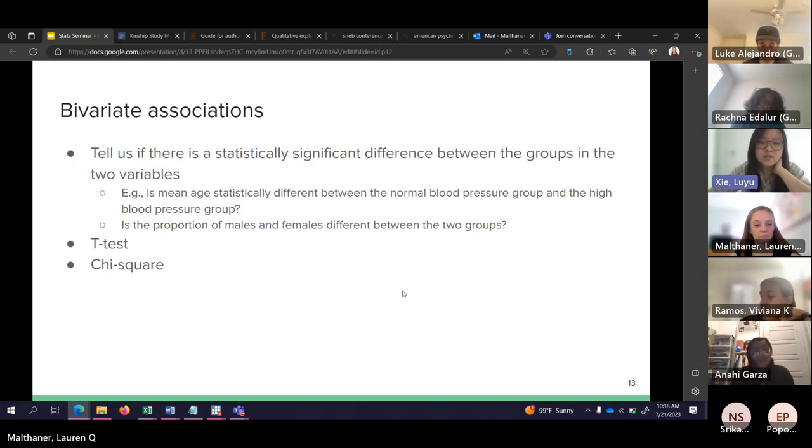Or we also want to know is the proportion of males and females different between the 2 groups. So for continuous variable age, we can do a t-test if it's normally distributed. And for the categorical variable, males and females, we can do a chi-square test.